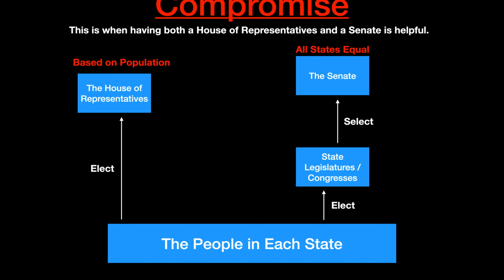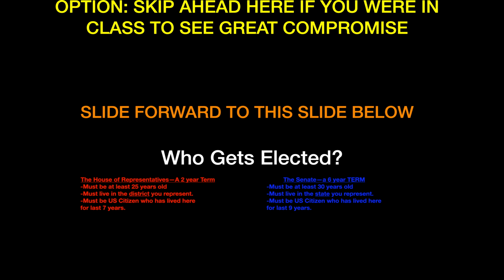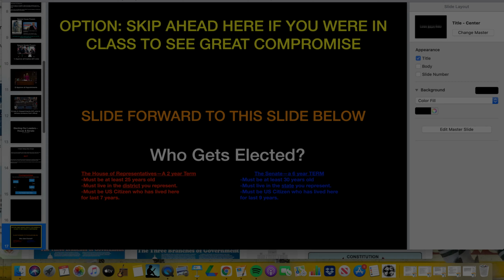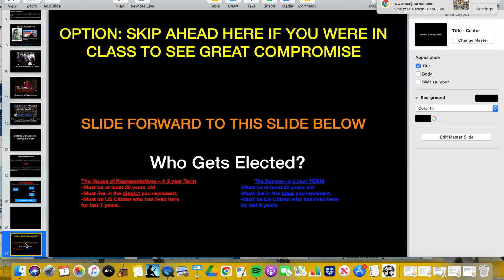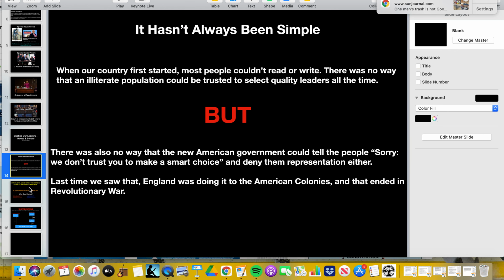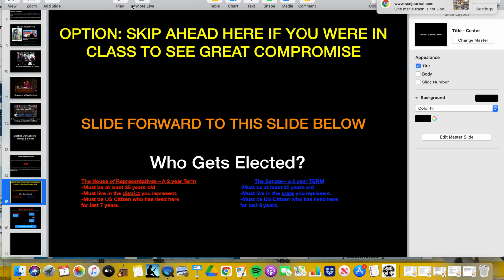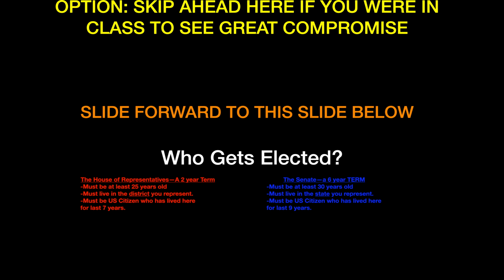So, if you've seen this part, by the way, I have a slide here someplace. Yeah, it should go here. If you've seen this part, you can skip ahead to a slide that looks like this. It says who gets elected, and we'll talk about who we vote for.